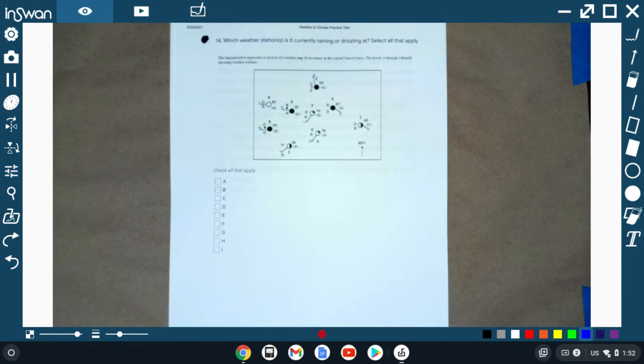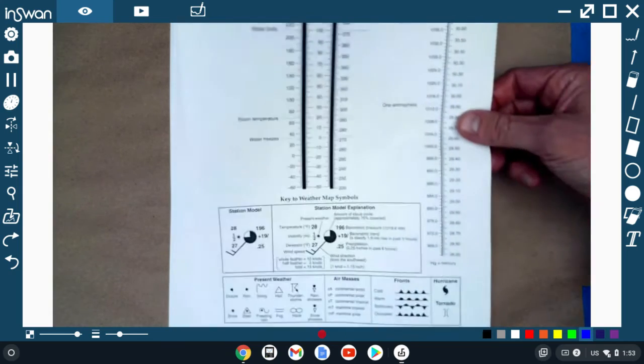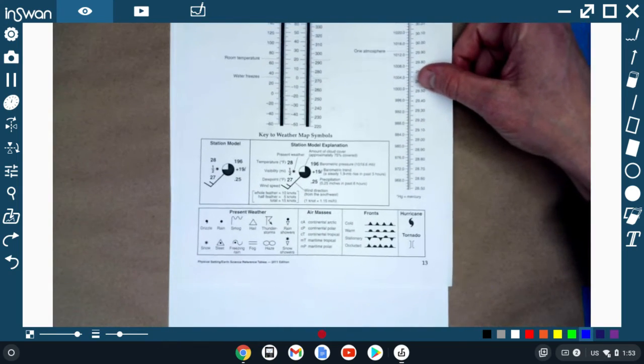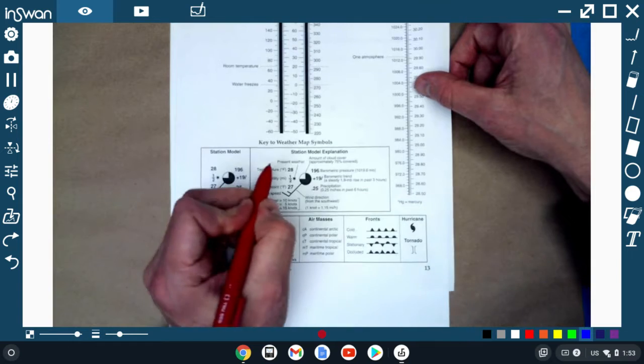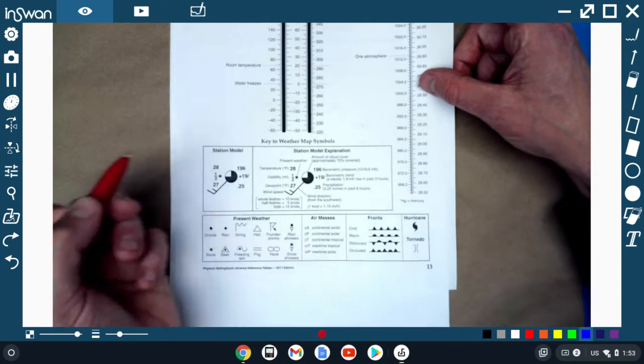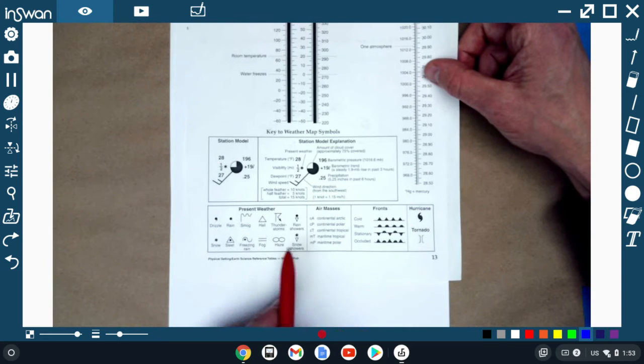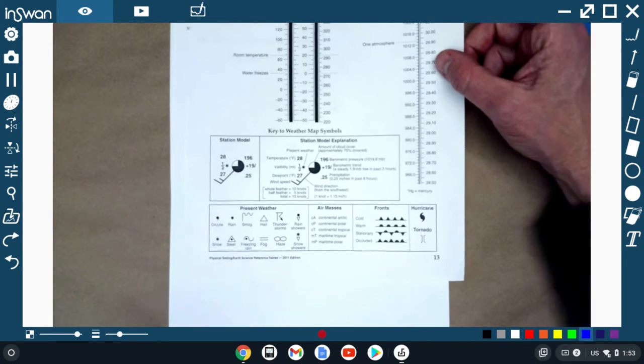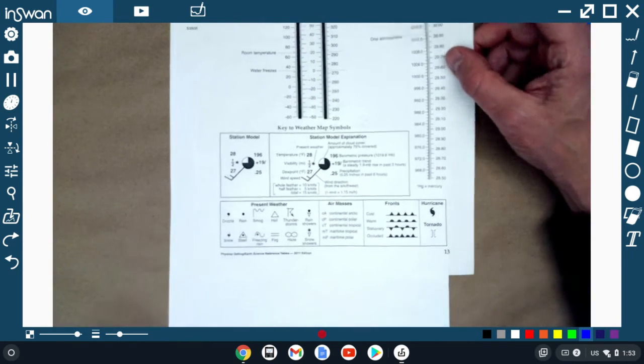Number 14, which weather station or stations is currently raining or drizzling at? Okay, well, again, we want to know where do we look for the current weather conditions. So here's our weather station model example, and the present weather is going to be right on the left-hand side, and there's a bunch of symbols that you don't have to memorize, but you can use. So rain or drizzle, we have either a dot or a comma.